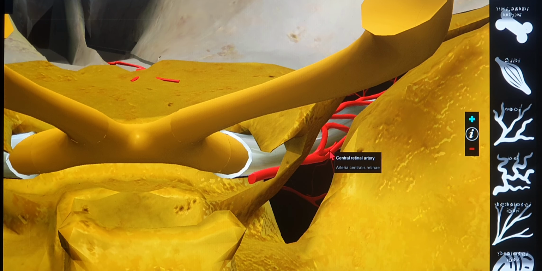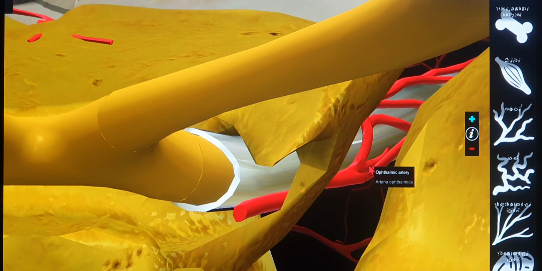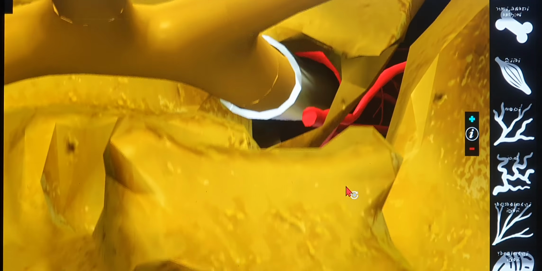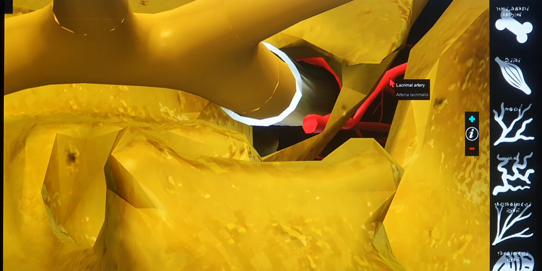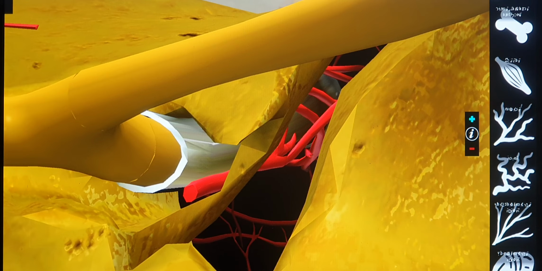It is giving a central retinal artery as well. Okay, that is a branch of the ophthalmic artery as well. If I rotate this, you can see the lacrimal artery going off to the lacrimal gland area, and the central retinal artery.